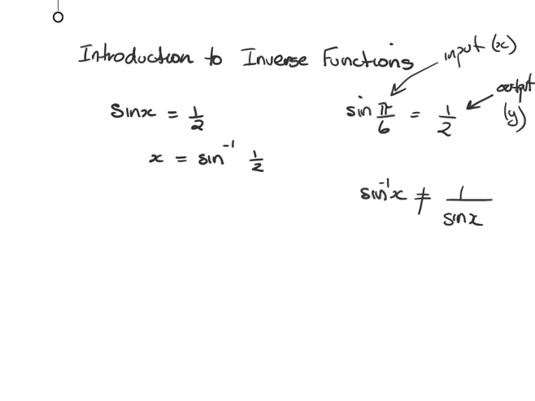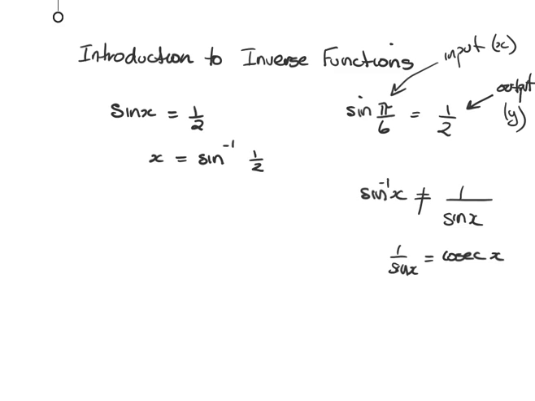No, that is not the case. We know that 1 over sine of x is actually called another trig ratio. It's called cosec x. We're not wanting the cosec of x when we are finding the inverse of x. We're trying to find what was the input of x.